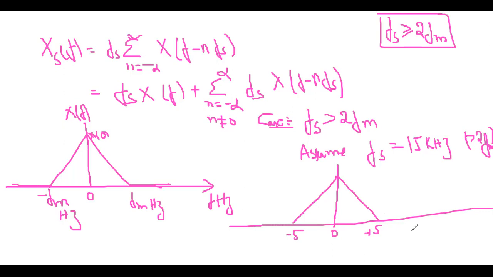The sampling frequency appears at n equal to 0, my dear students. For n equal to 1, we get another copy here, repeated at n equal to 1, which is at 15 hertz, the sampling frequency.